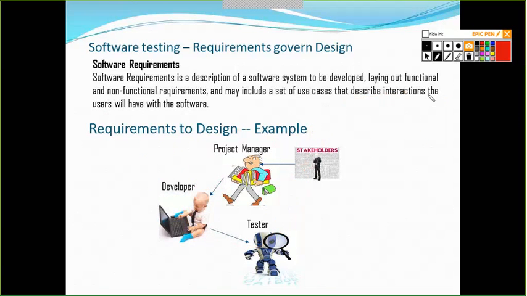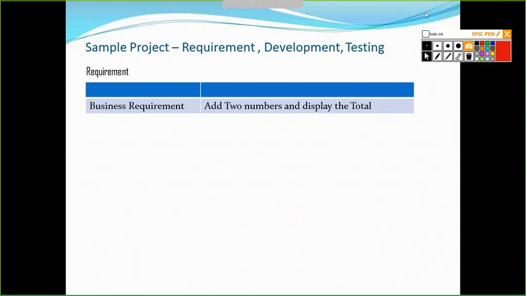Now looking at this, let's see a simple example of how a requirement is getting converted into different phases.